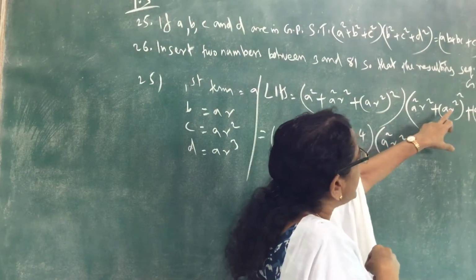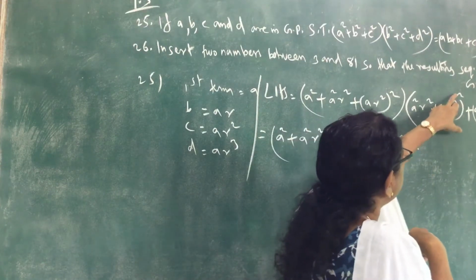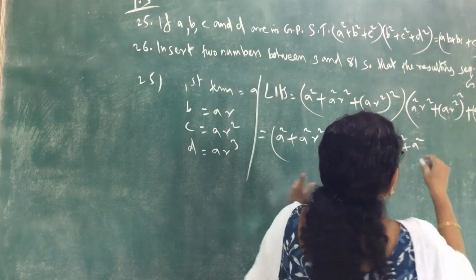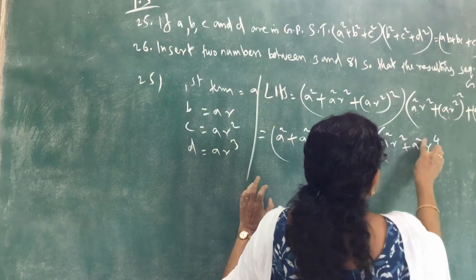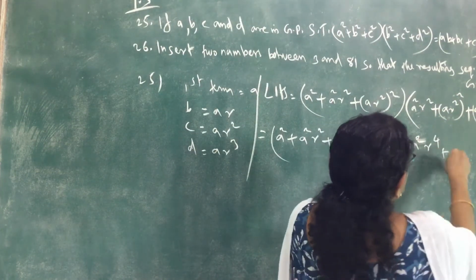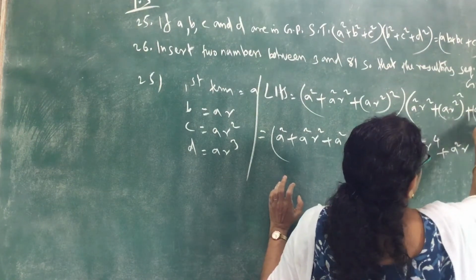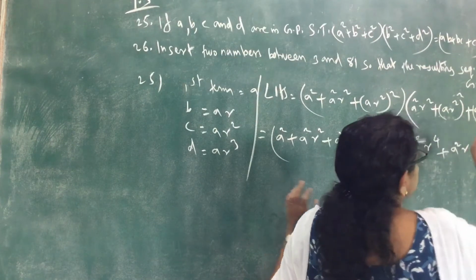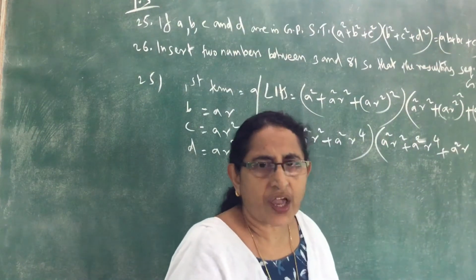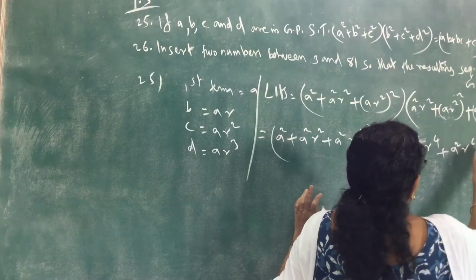Now the next term, AR square whole square, that is A square R raised to 4, plus here AR cube whole square, that is A square then R cube whole square. Using (a raised to m) whole raised to n is a raised to mn, R raised to 3 into 2 is R raised to 6.